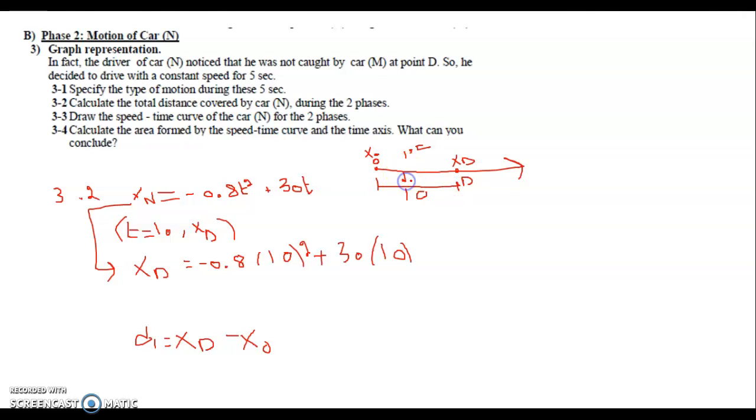It is equal to xd minus x0, the difference in the position. So we find xd: minus 0.8 times 10 squared is 100, so this is minus 80, plus 300, which is equal to 220 meters.